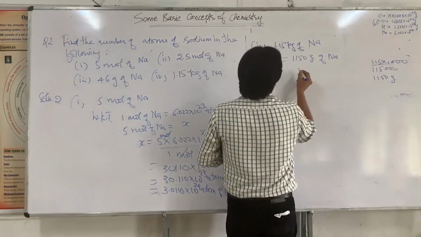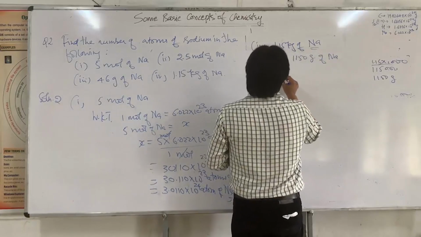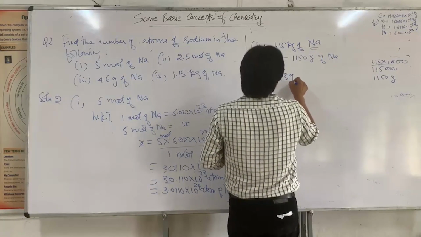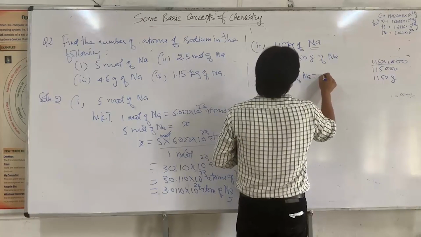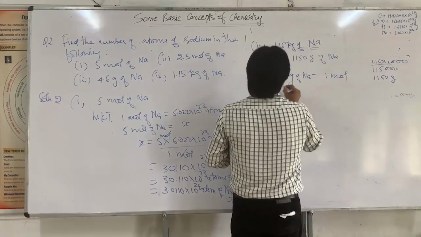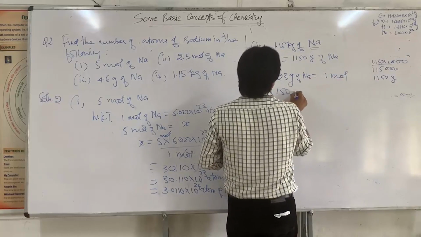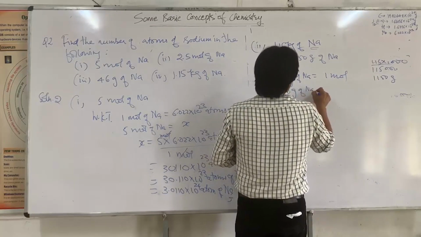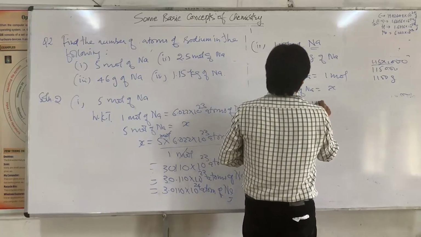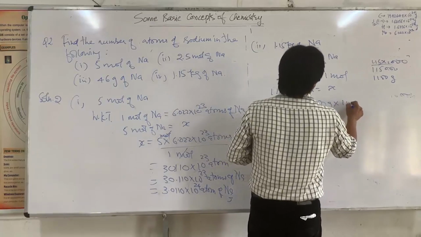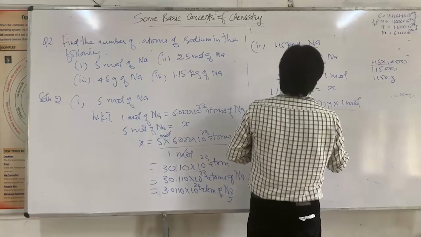Now see, in the case of sodium, you know that 23 grams is 1 mole. So 23 grams of sodium is 1 mole, and now 1150 grams of sodium is x moles. Cross multiply: x is 1150 grams of sodium into 1 mole divided by 23 grams.